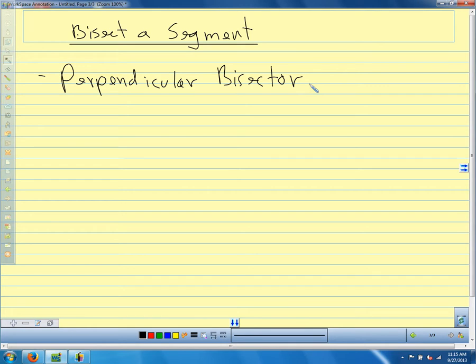Perpendicular means it makes a 90-degree angle. So we're going to construct a segment that makes a 90-degree angle with the segment that we start with, and it cuts it in half. So perpendicular bisector means it's a 90-degree angle and cuts it in half.